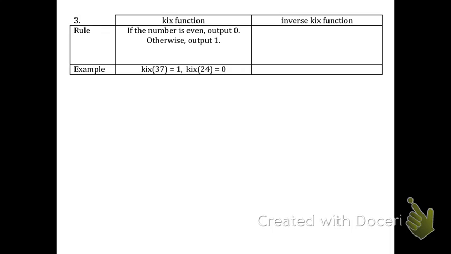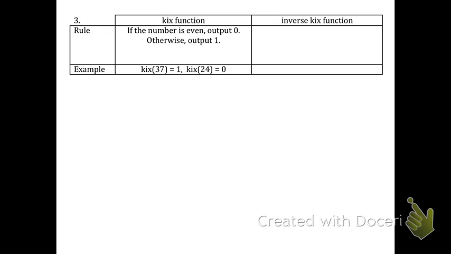Alright, now for the inverse kicks function. So, the rule is that any even number goes to 0 and any odd number goes to 1. But I can't really think of a way to go backwards, because what number does 0 go to? Any even number could have made a 0.